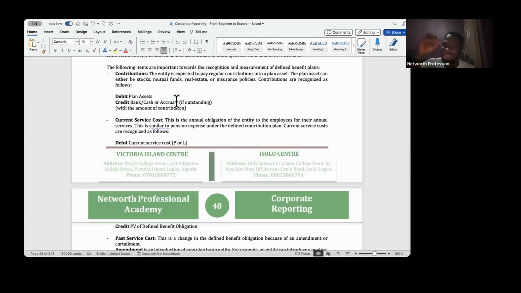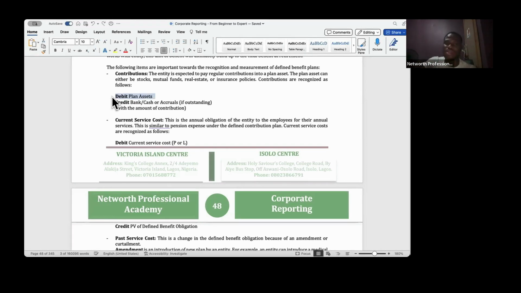So this is what I can ask you. Your question will tell you that this is the contribution they have paid under a defined benefit plan. A defined contribution plan is straightforward: the contribution they pay, just debit expense, credit bank. That one does not need to go to assets. But here, they are making the contribution for the future, and it is the company that will take care of any exposure.